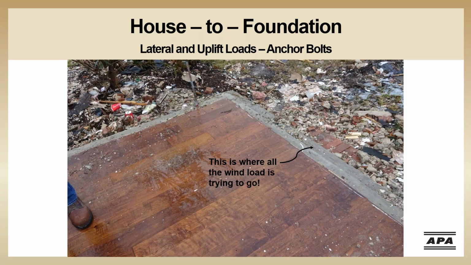The fasteners that were installed in this instance were installed improperly and did not provide adequate embedment into the foundation. The rest of the structure may have held up well enough to transfer the lateral load down to the sill plate, but the weak connection between the sill plate and the foundation led to the failure of the house. If the wind load cannot get out of the structure and into the ground, it will take the house with it.